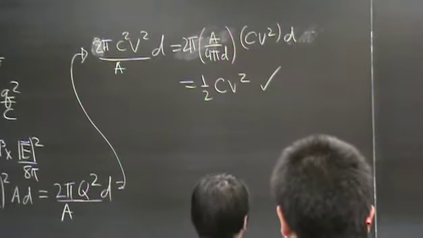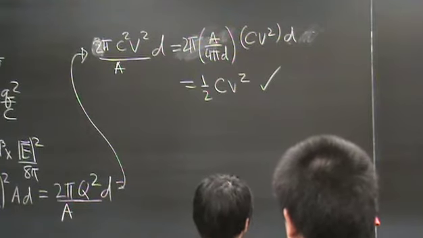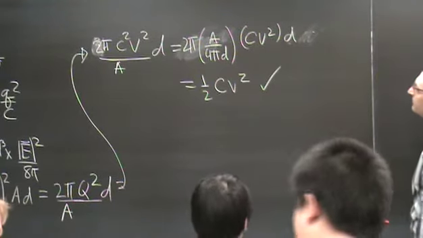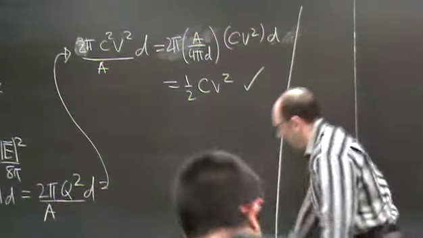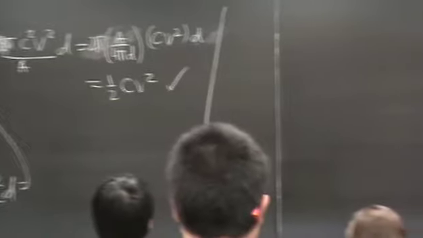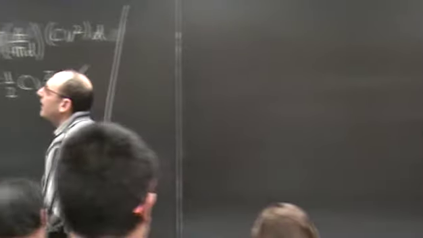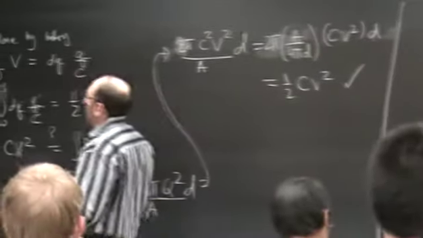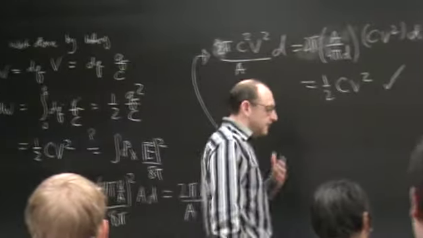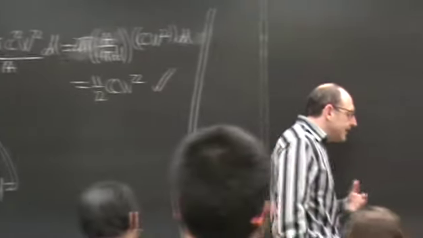All right? Okay. So, as we said, when we're dealing with problems of electrostatics, we have a whole bunch of methodologies: the method of images, the method of boundary conditions.